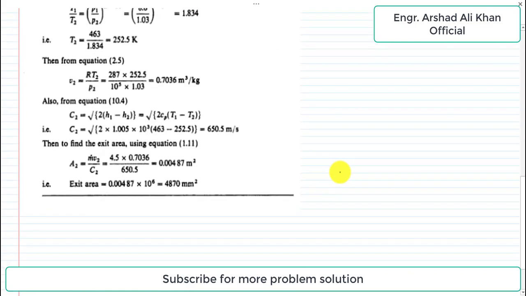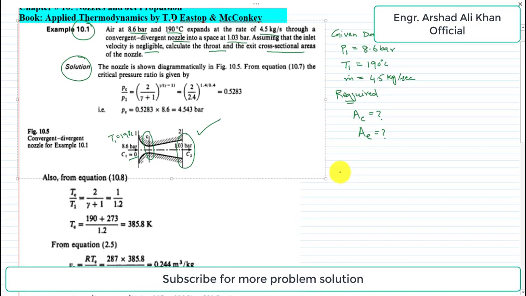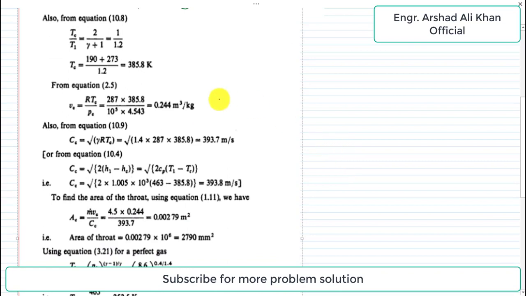And if I highlight the parameters of the continuity equation, those are area, velocity, mass flow rate, and specific volume.